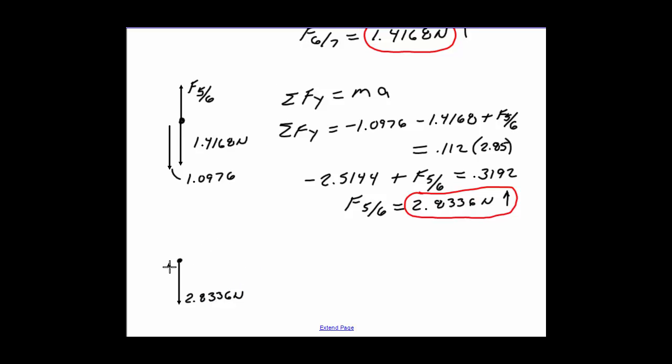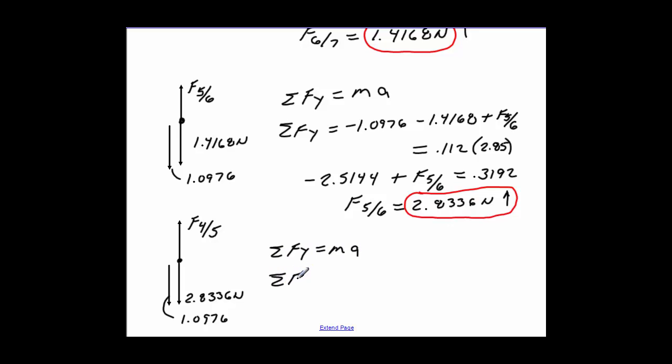We'll have its mass times gravity coming back down, which in this case will be 1.0976. We will get the force that 4 is pulling onto 5. Again, that's our free body diagram. We go back to summation of forces in the y direction is equal to mass times acceleration.